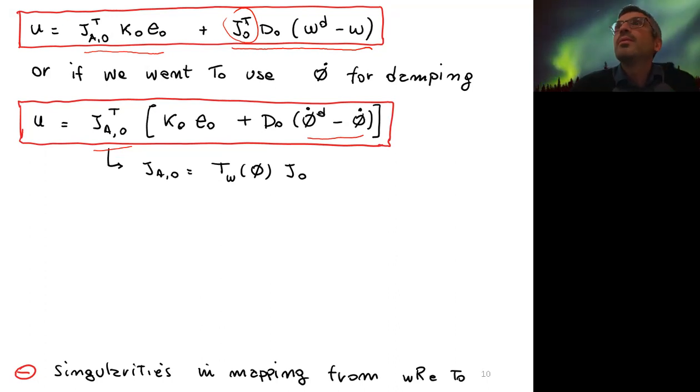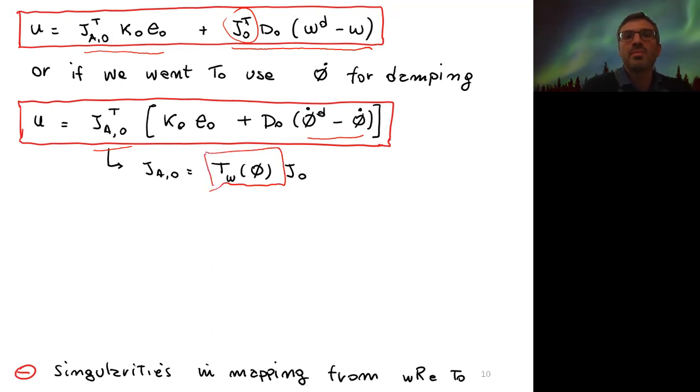You remember the relationship between the analytic Jacobian and geometric Jacobian was this T matrix that is nonlinear, depends on the orientation, and maps the Euler rates into angular velocities.